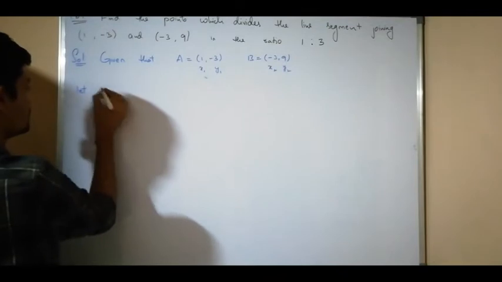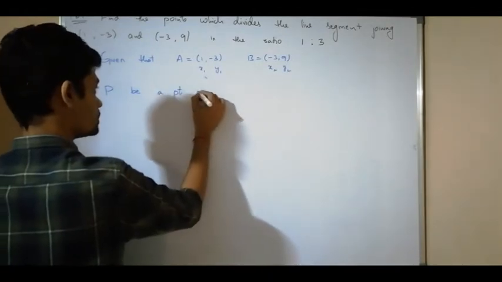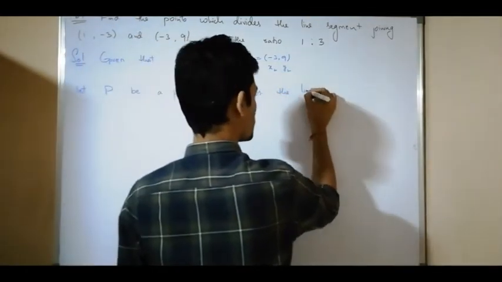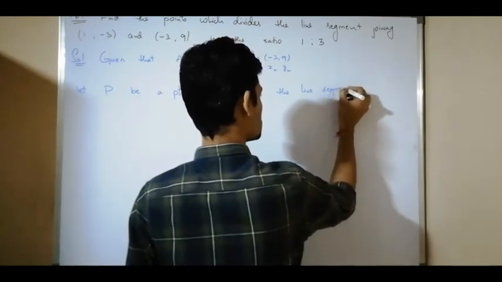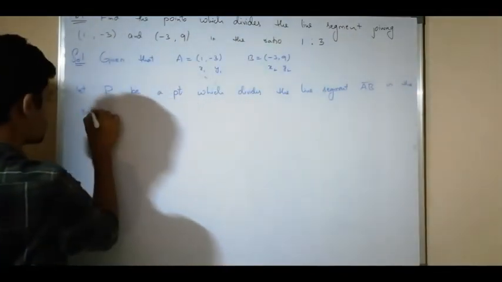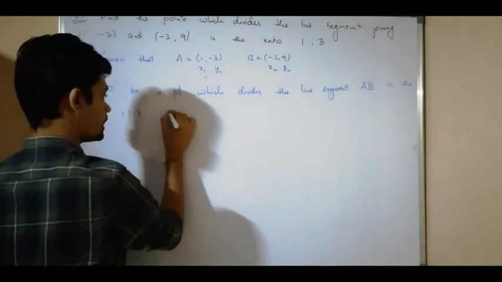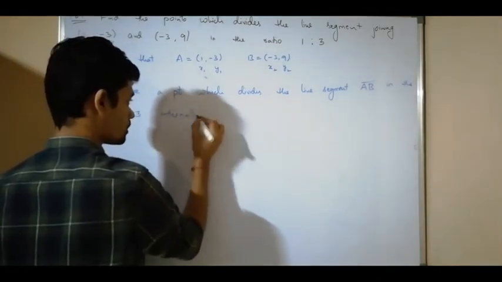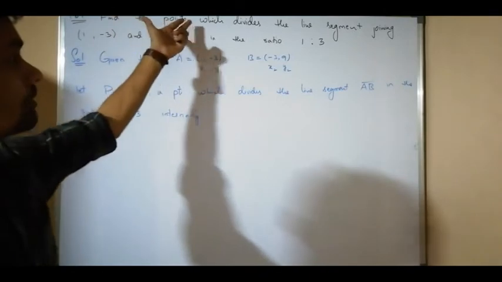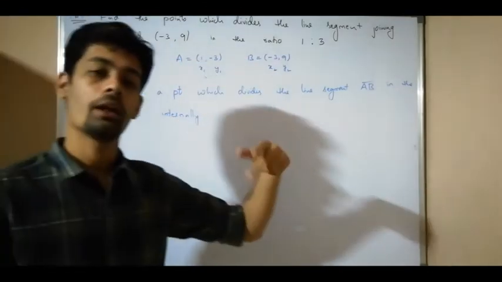Let P be a point which divides the line segment AB in the given ratio 1:3 internally, because the question does not mention whether I have to find the point which is inside or outside, whether the point is internal on the line segment or external to the line segment.